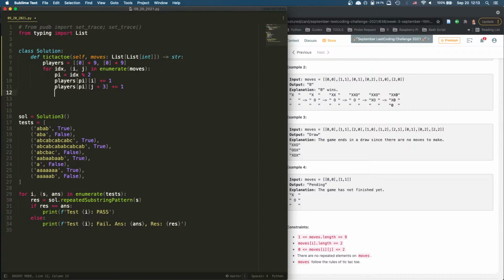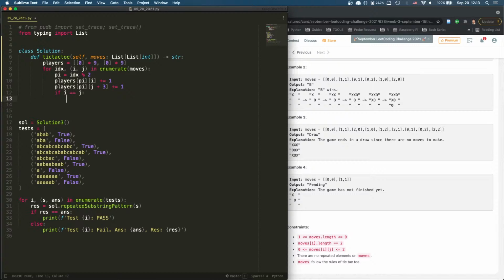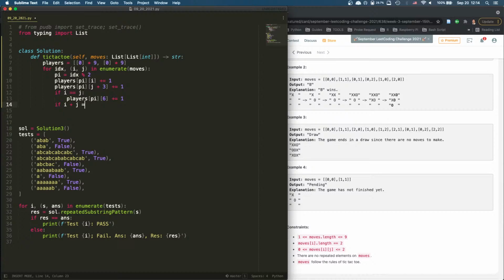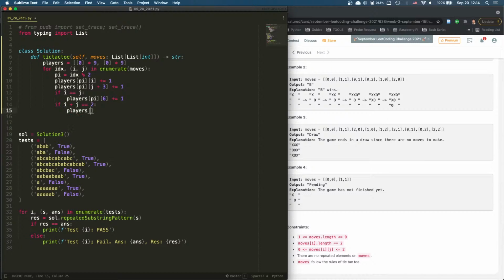And then diagonal. Diagonal has to equal 2, right? So I'm going to say if i equals j, right, then players[pi][6] plus equal 1, and if i plus j equals 2, then players[pi]... In that case, yeah, we only need 8.